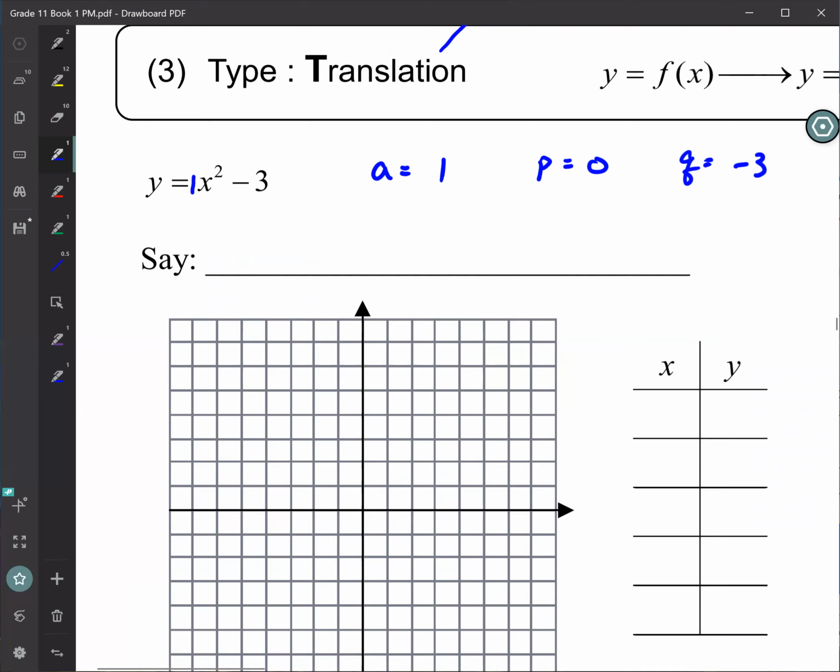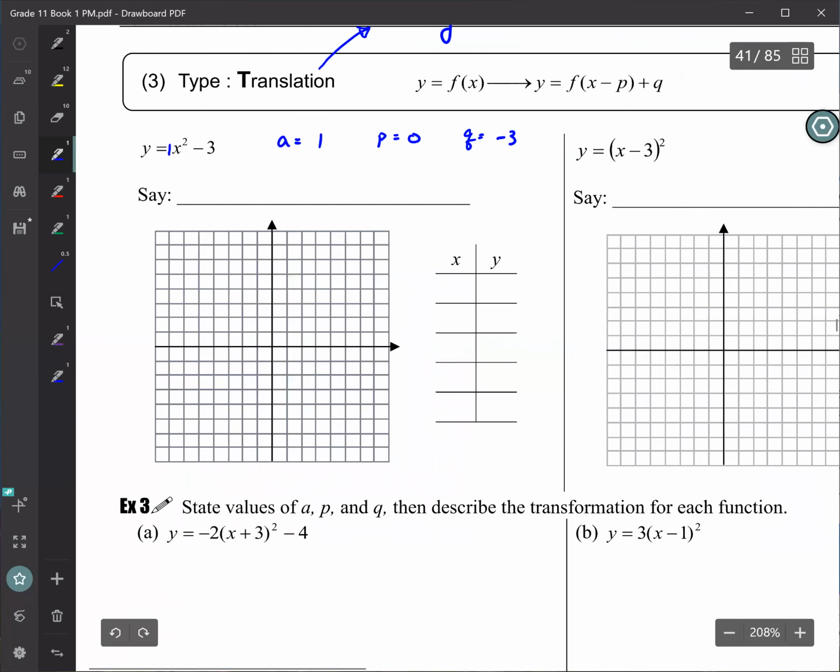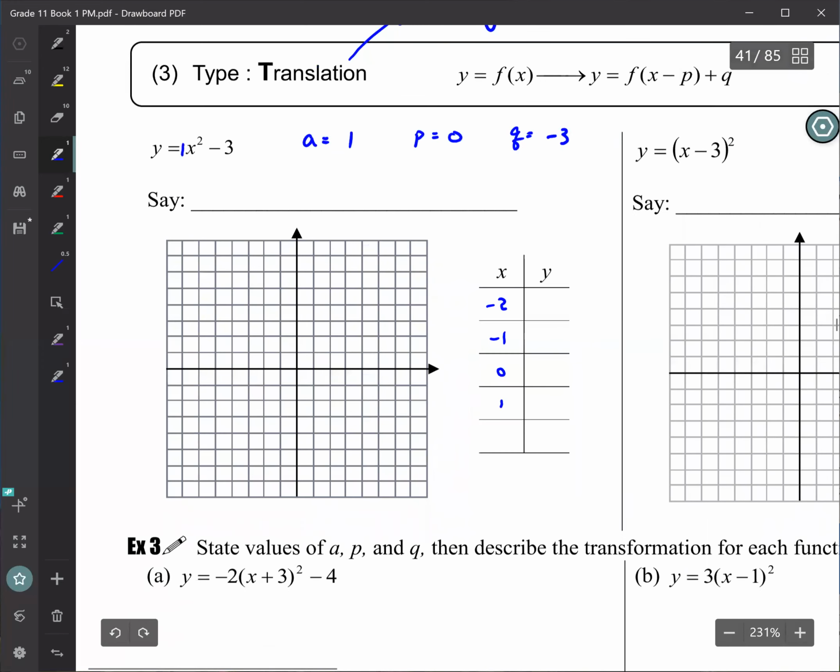All right, we'll do the same thing, make a table first. -2, -1, 0, 1, 2. And for the y value, this time you need to not only square, you have to subtract 3. I'll let you complete the graph as well.